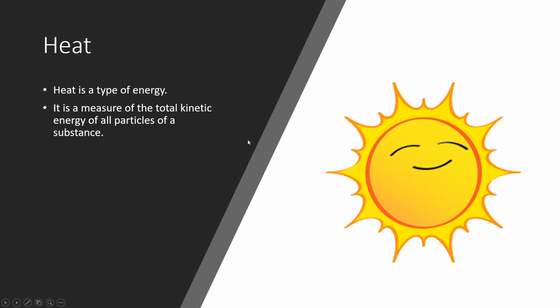No, that is basically year 11 and 12 level content. All we need to know is that it's a type of energy and it's a measure of the total energy. Okay, what are some things that give off heat? I mean, obviously, we have fire, we have flames, we have the sun, things like that give off heat energy.